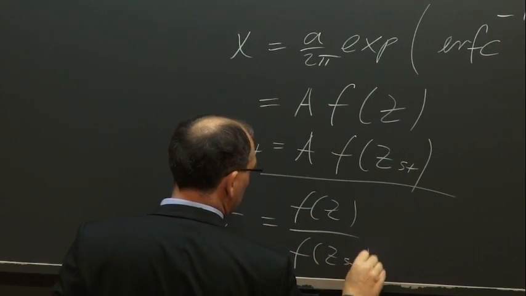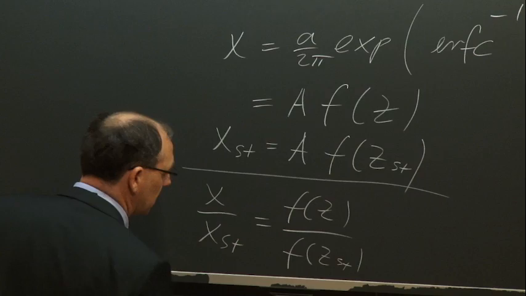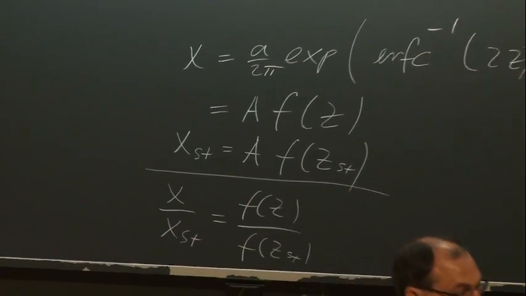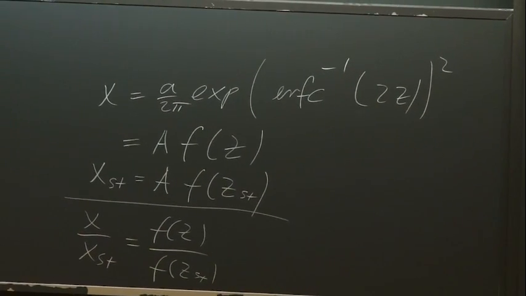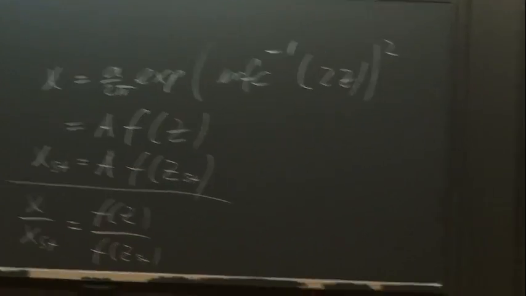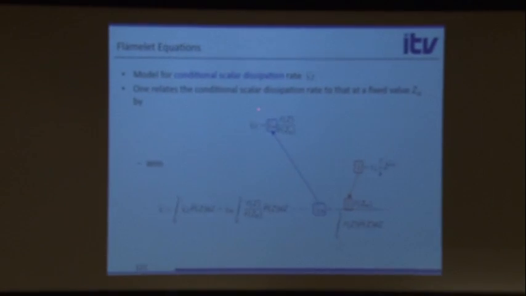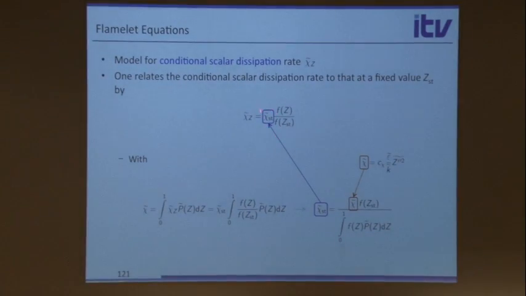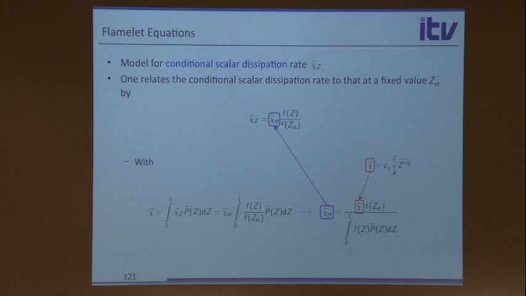The f of z stoichiometric, of course, I can evaluate easily. And then you see, I can specify the dissipation rate like this, where this is a parameter. This is now the free parameter, but it's not a function anymore. It's just a single value.